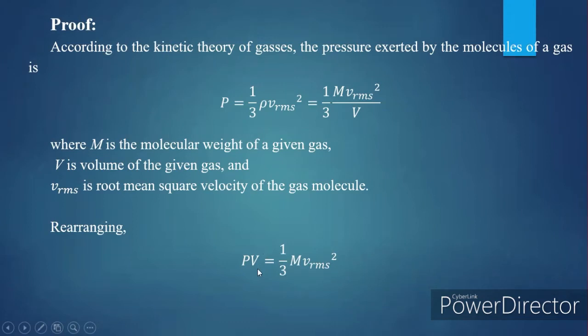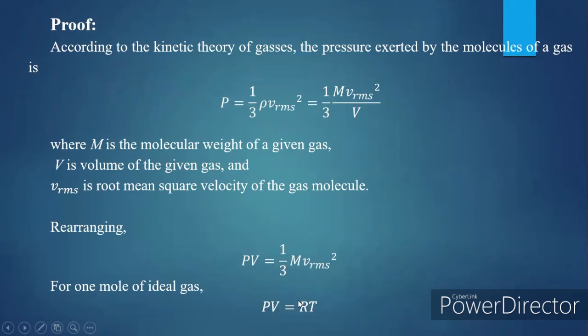Then, according to the perfect gas equation, for 1 mole of the ideal gas, if you take the gas as ideal or perfect gas, then we have a simple relation for 1 mole of the ideal gas, PV is equal to RT. According to kinetic theory, PV is equal to 1/3 into M V RMS square. According to the perfect gas equation, PV is equal to RT.